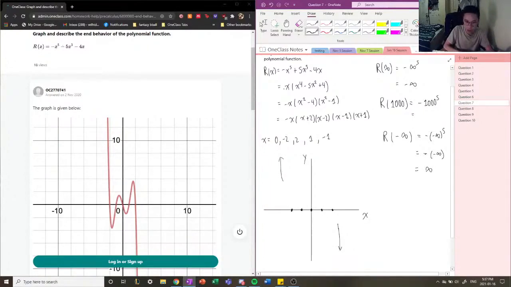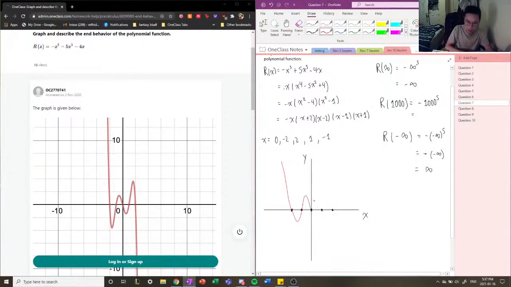Okay, so let me erase this. Our polynomial will look like this. I'm going to start from the left-hand side. When x tends towards negative infinity, the function is heading towards positive infinity. So it heads towards the first zero, and when it hits the zero, it goes to the negative side, and it has to go towards the next zero.